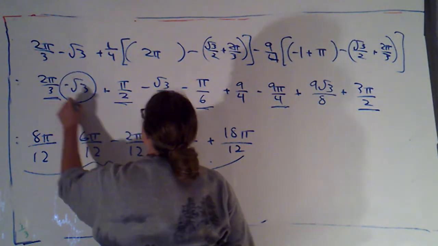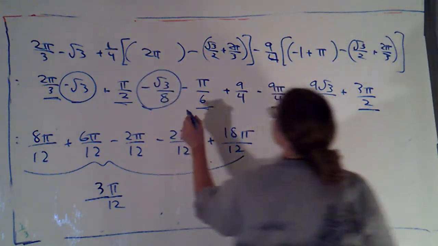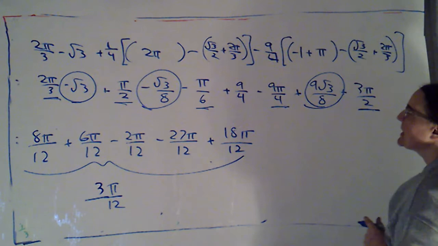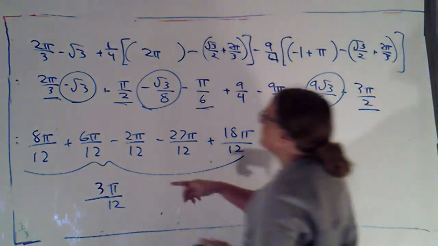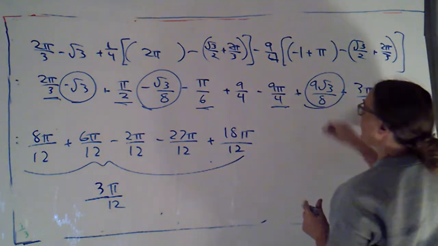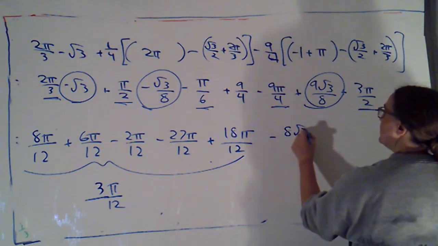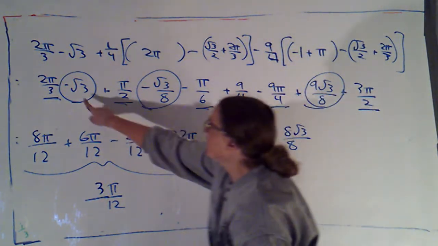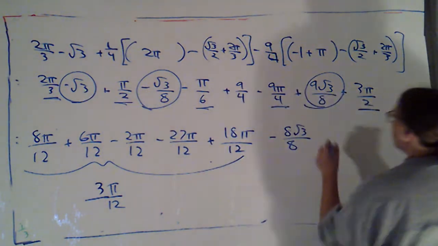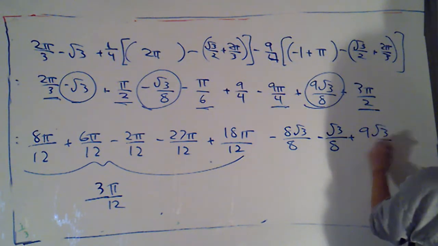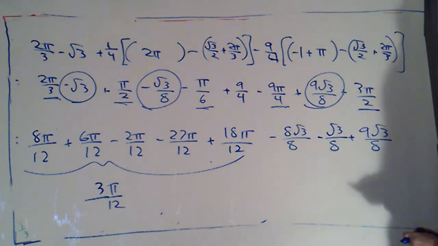Okay. Let's see, we've got some other pieces. The pieces I'm circling all involve some root 3's. Okay. So looks like I'm going to want to have a common denominator of 8. So we're going to have minus 8 root 3 over 8 from this piece right here, minus root 3 over 8 plus 9 root 3 over 8. Oh, how convenient.